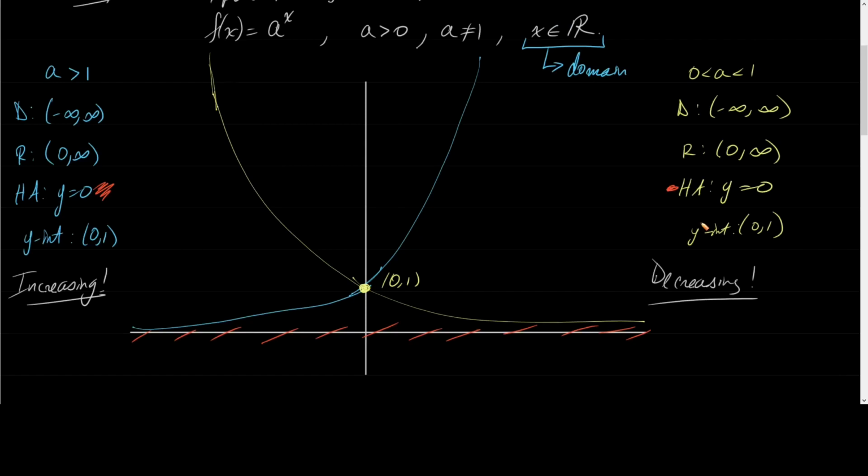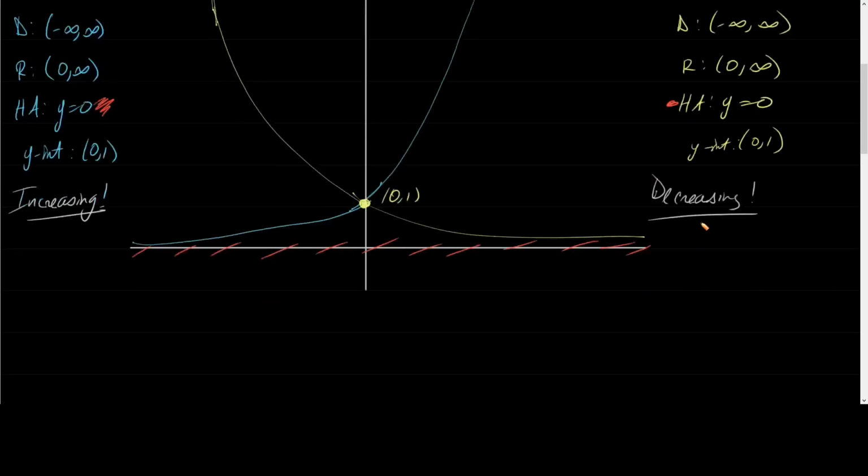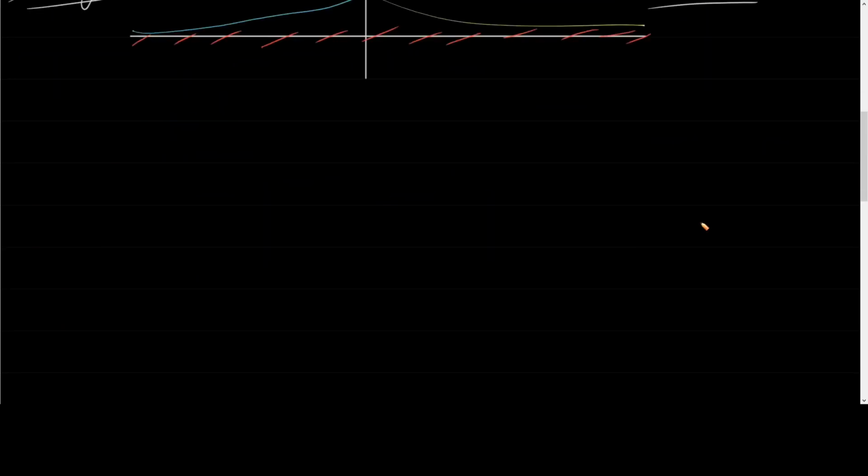Now, let's look at some examples of these kinds of functions. We're gonna do a few of these. So we're gonna look at f of x being equal to 2 to the x. We're gonna look at g of x being equal to 2 to the negative x.